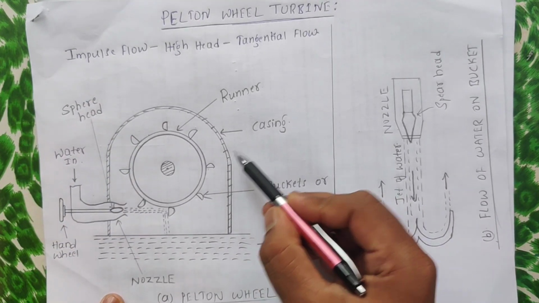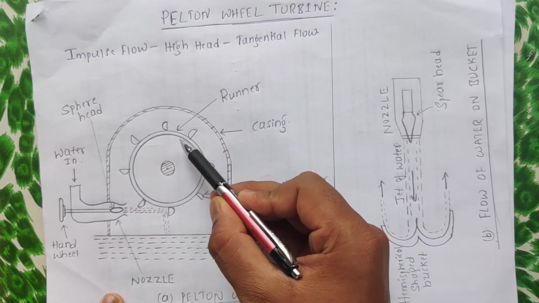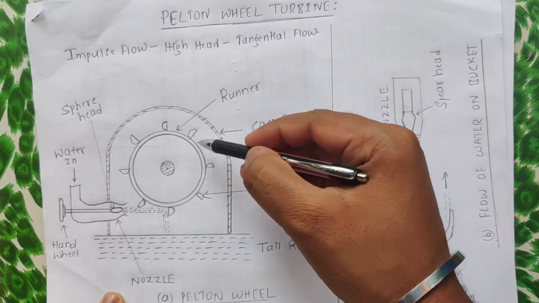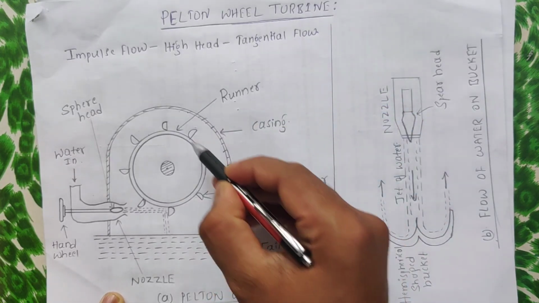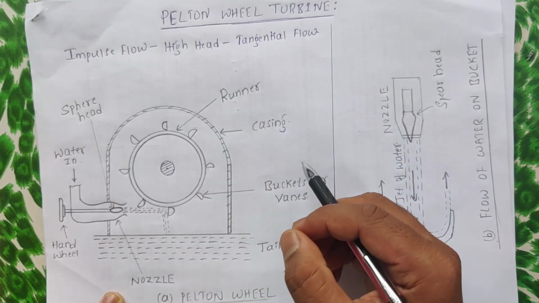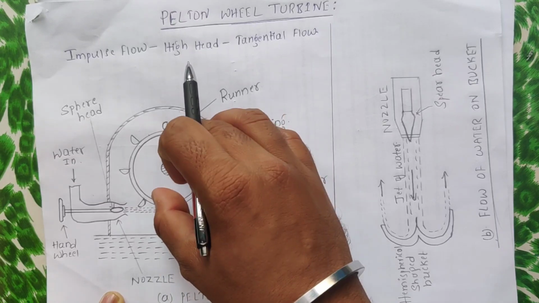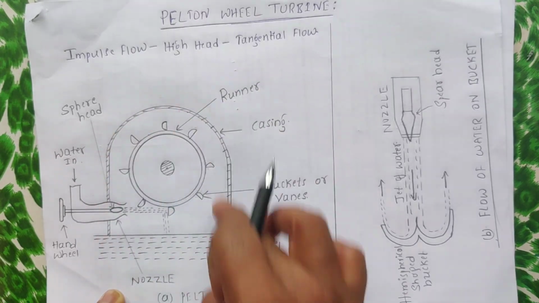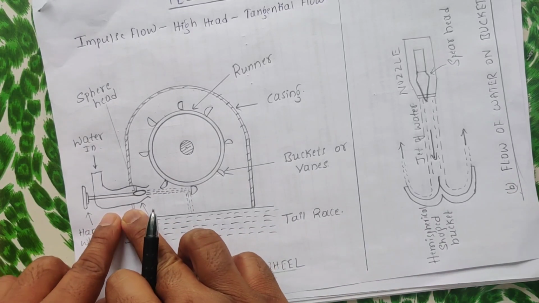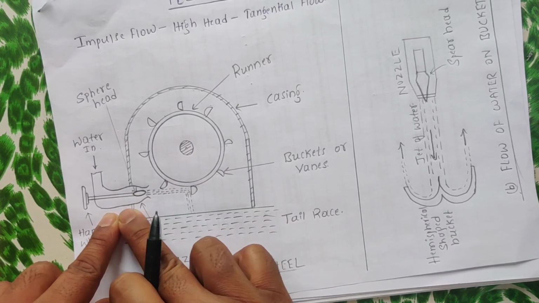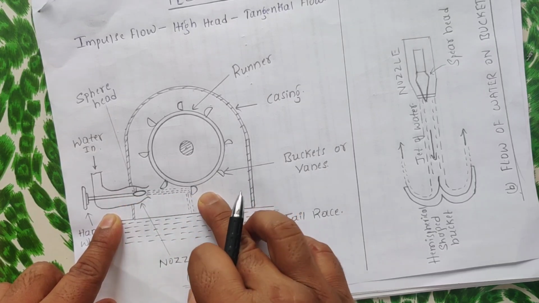Coming to the construction, as you can see here, there is a runner, whose main function is to rotate. The runner has buckets or vanes, which are the blades of the turbine, and it is enclosed in an outer casing for protection. There is a nozzle from which water comes and hits the blades of the turbine.